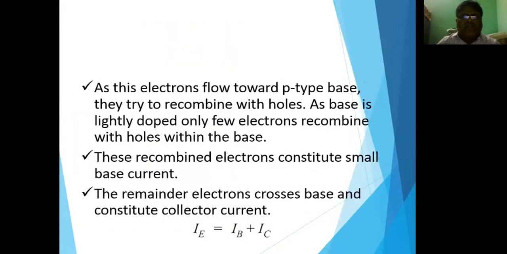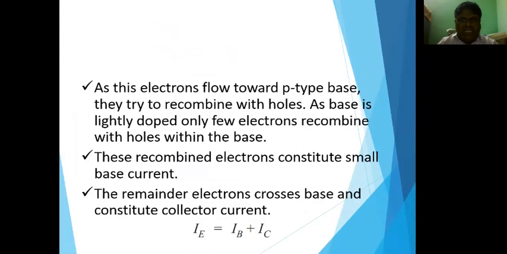As the electrons flow toward the P-type base, they try to recombine with holes. As the base is lightly doped, only a few electrons recombine with holes within the base. These recombined electrons constitute a small base current. The remaining electrons cross the base and constitute the collector current.